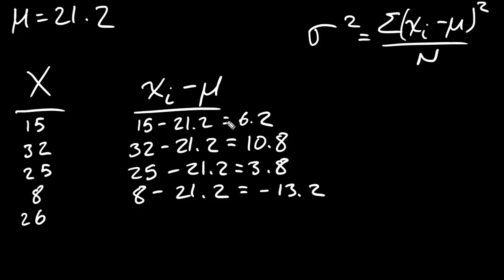And I made a mistake up here. This first one, 15 minus 21.2, should be negative 6.2, not just 6.2. And then finally 26 minus 21.2 is going to give us 4.8.